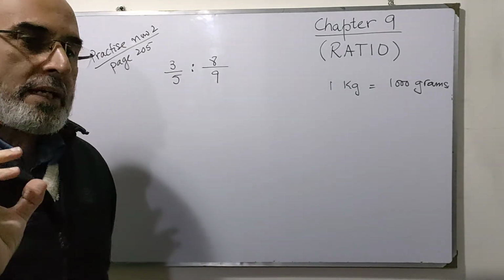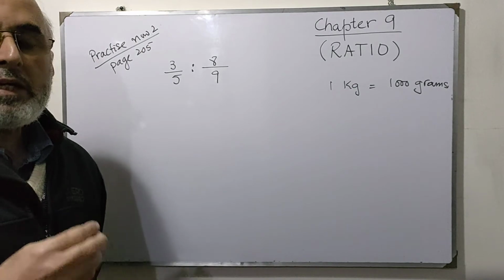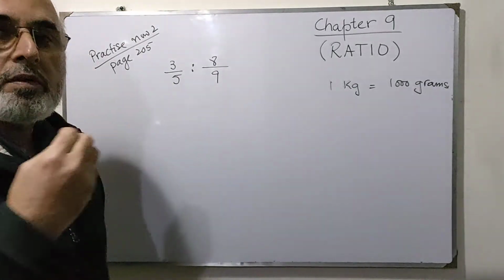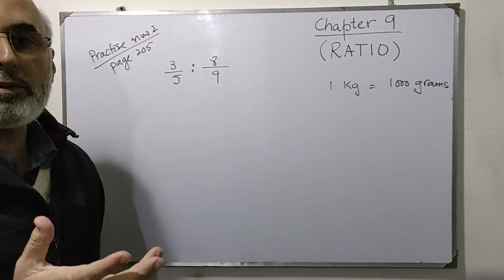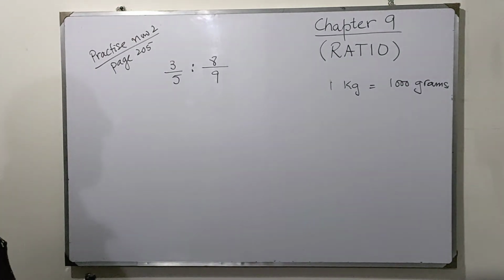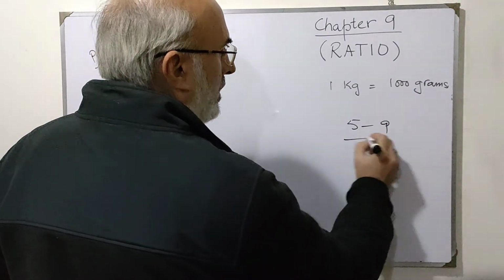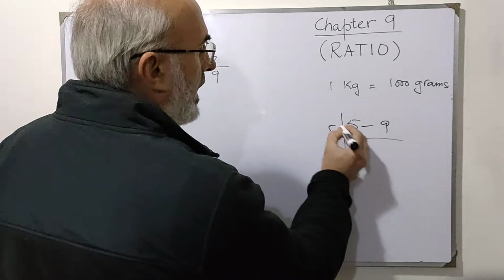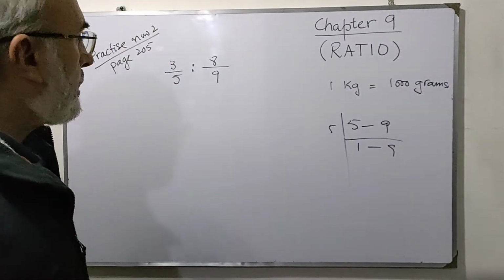We can take the LCM of both the denominators and multiply both the sides. You see, when we are comparing two quantities in a ratio, we can divide both the quantities by the same number, or we can multiply both the quantities by the same number, right? Now what I am going to do is take the LCM of 5 and 9. So it is 5 nines, which is 45, okay?